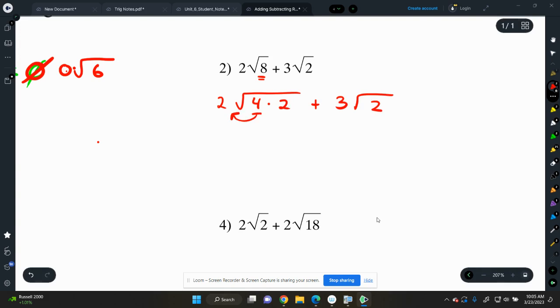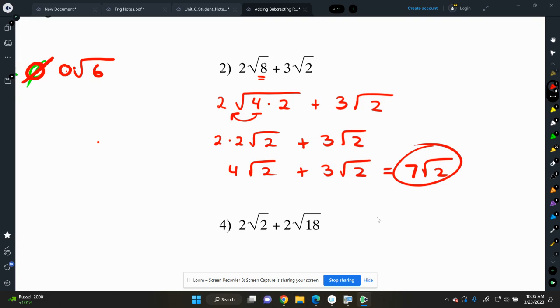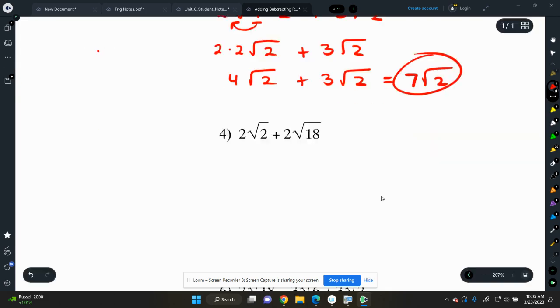So we're going to take that out. So we get 2 times root 2 out there, which means I have 4 root 2 plus 3 root 2, which gives us 7 root 2. Good so far? Yeah. Okay.